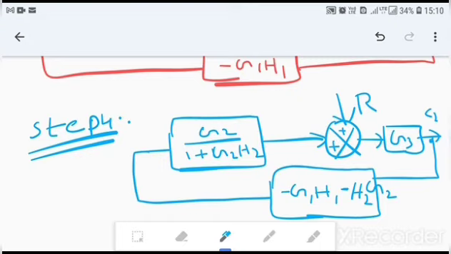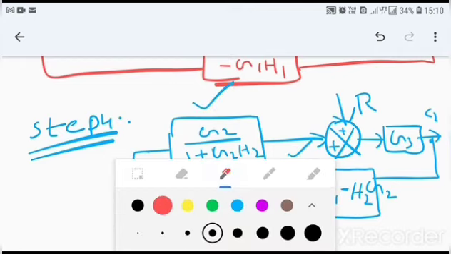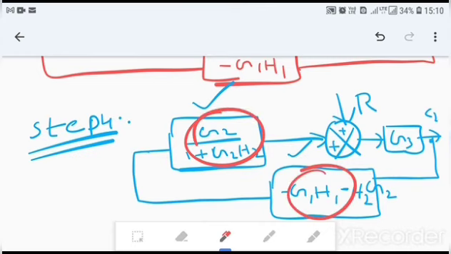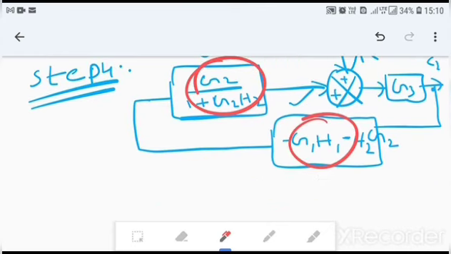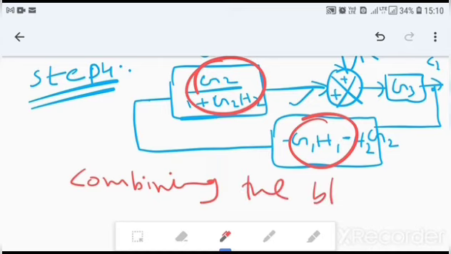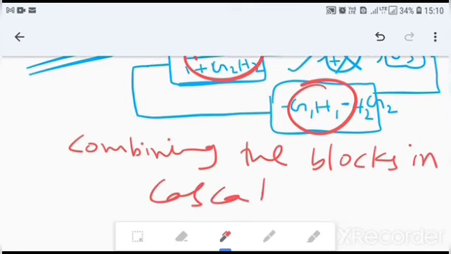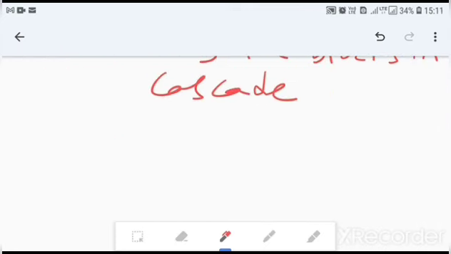So here we can combine the blocks in cascade. This is in cascade with this, both are in series. These two, this one and this one are in series, so we can cascade, blocks are combined. So we are combining the blocks in cascade. So we'll write another last diagram here.